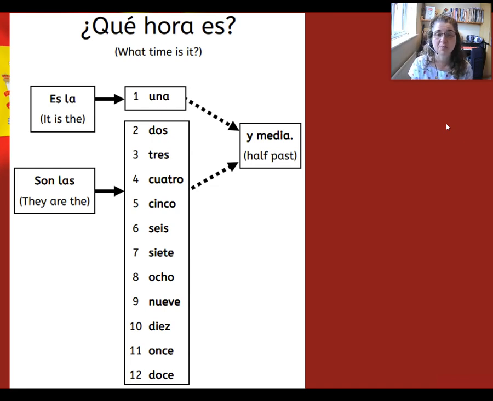How would you say it's 1:30? Be careful. Es la 1:30. What about it's 8:30? Son las 8:30. And let's do one more. How would you say it's 4:30? Son las 4:30.